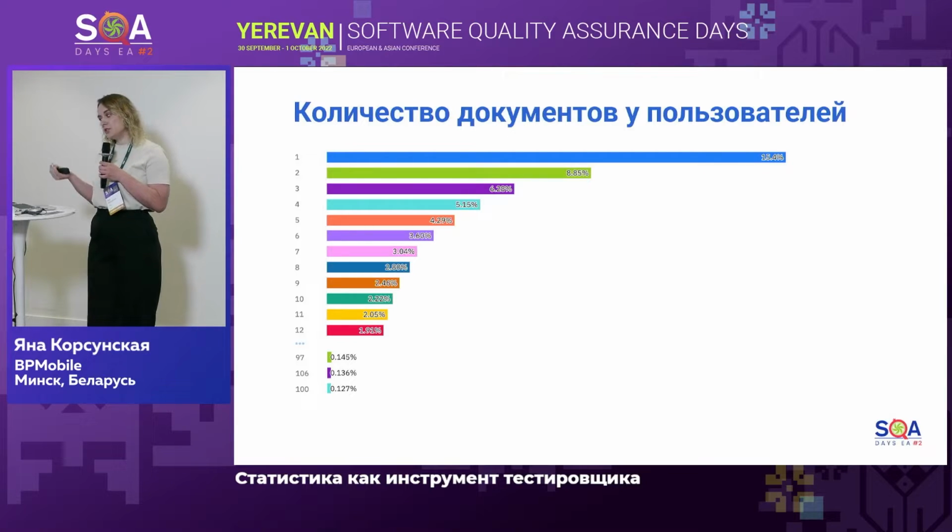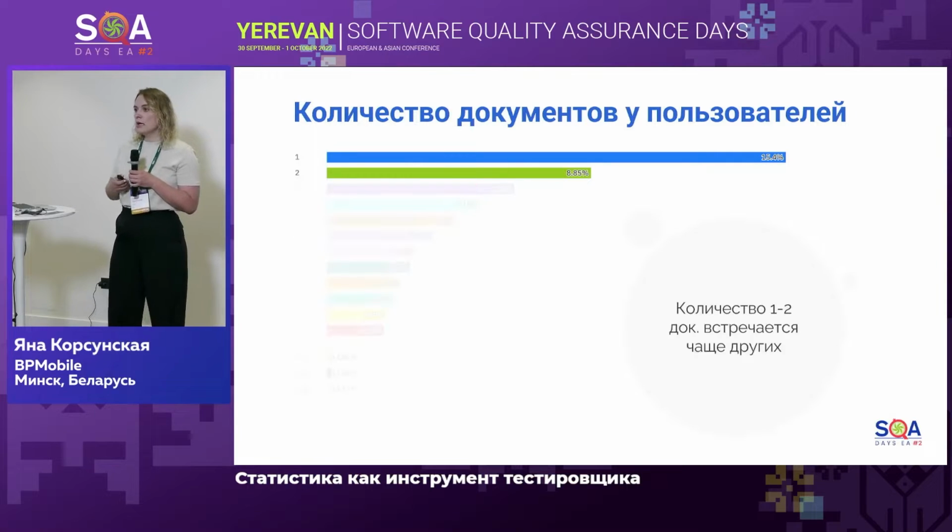We'll see from here that most often 15% of users have one document, 9% of users have two documents, and it's downhill onwards in terms of percentage ratio.